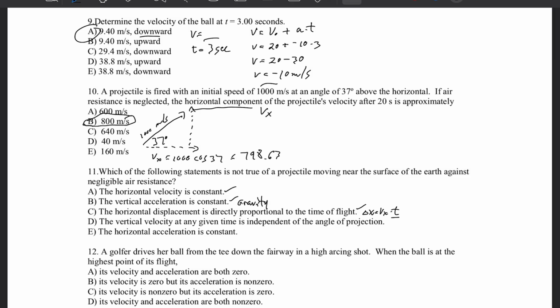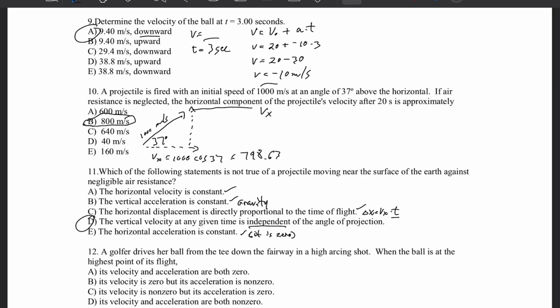Independent? The steeper the angle, the more the overall velocity is contributed to the vertical, right? If I go straight up, all the velocity goes vertical. If I go horizontal, none of it goes vertical, at least initially. And let's look at E real quick. The horizontal acceleration is constant. Yes, it is 0. It is a constant 0. So D is the one that is not correct.